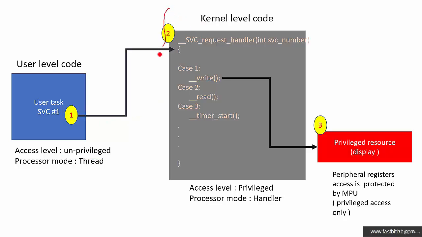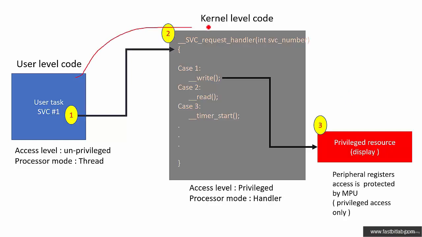After that, the second part is, as I said, kernel level code, and it runs with a privileged access level because it can change any configuration of the system level registers of the processor. And after that, there is a privileged resource. Let's say in this case, a display. Now let's say the user task wants to write some data to the display.